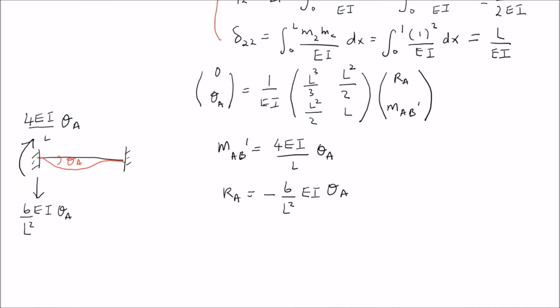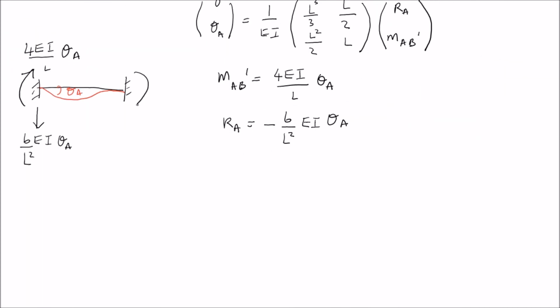Then in order to get MBA prime, you use equilibrium, so it's basically RA times L.